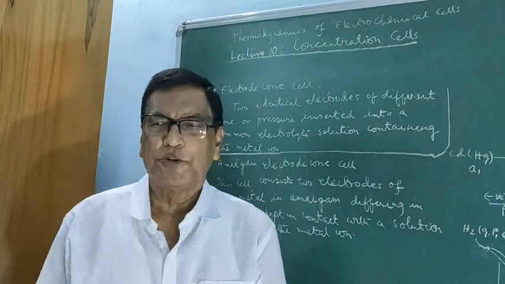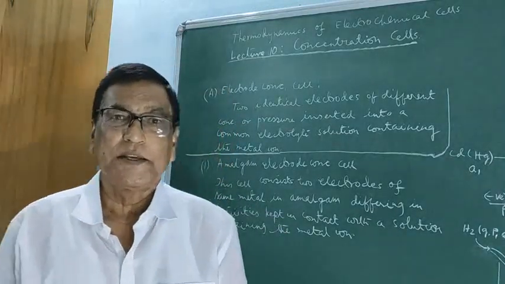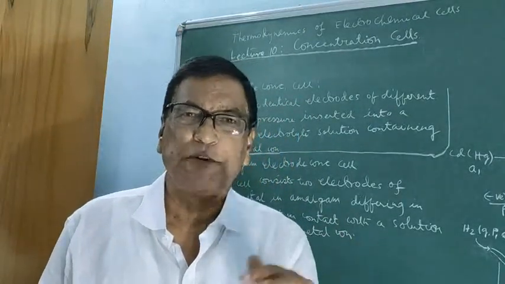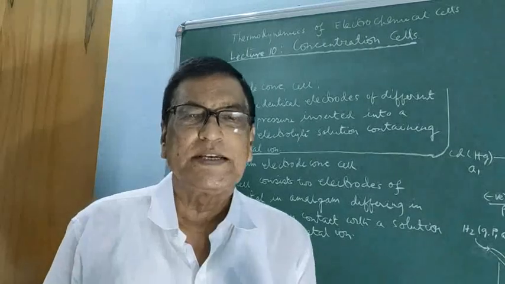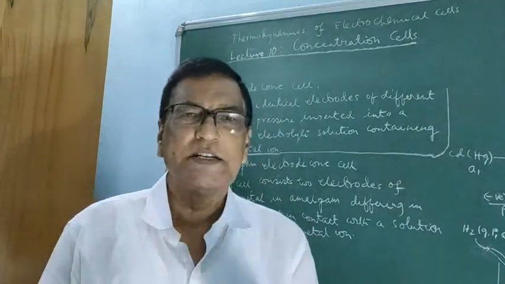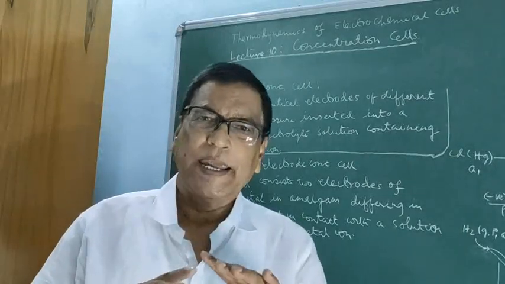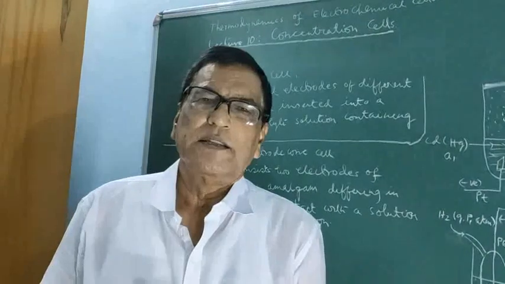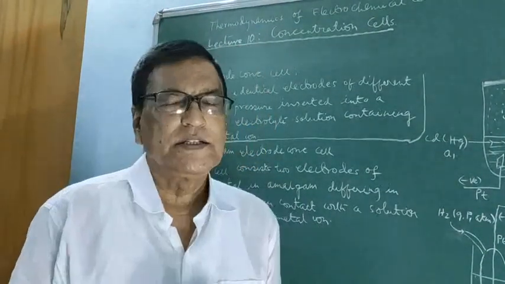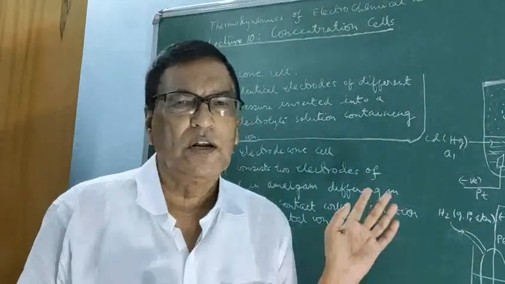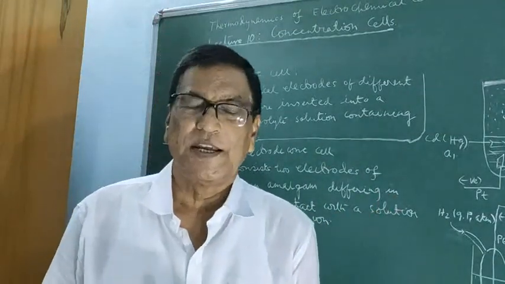For any process, either chemical or physical, when it occurs spontaneously, there is a decrease of free energy, and this decrease of free energy can be utilized to produce electrical energy in the device which we call electrochemical cells.